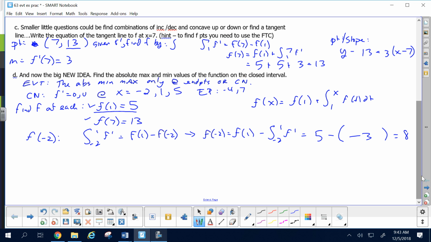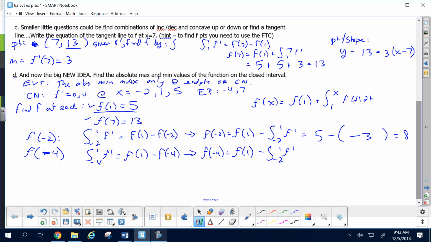We have 3 of them. Now f at 1, and we got f at 1. What else? -4. Cool. -4, the endpoint. That would be the integral from -4 to 1 of f prime. That's f at 1 minus f at -4. Rearranging that to isolate f at -4 would mean f at 1 plus or minus the integral? Minus the integral.